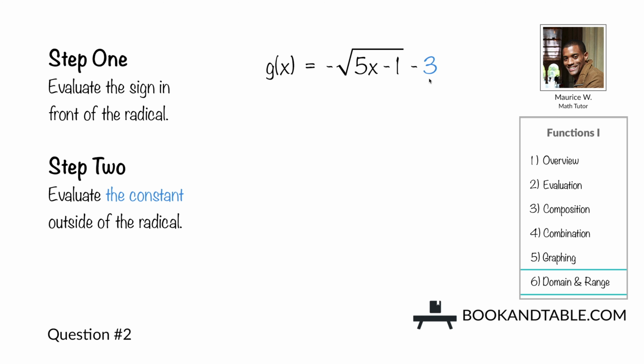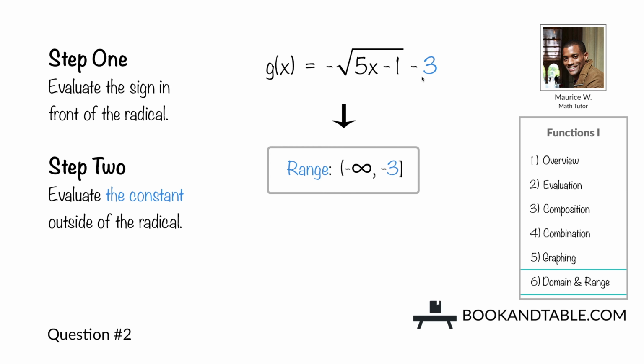And then step 2, evaluate the constant outside of the radical. It is negative 3, so this is where the high point will be. So the range of g of x is from negative infinity up to negative 3, including negative 3. So that is the answer to question number 2.